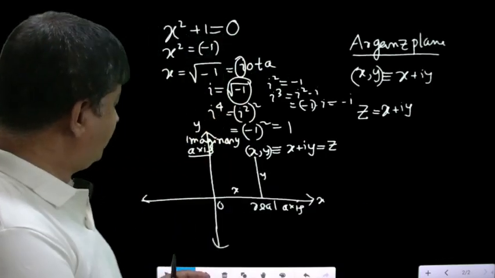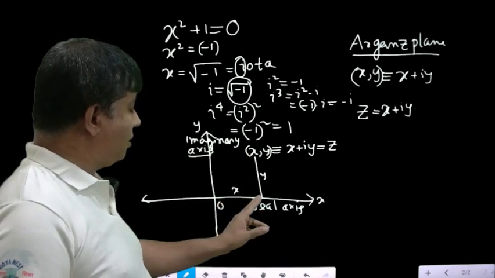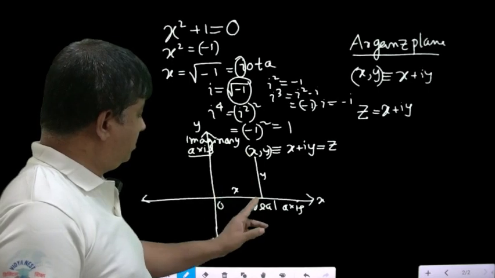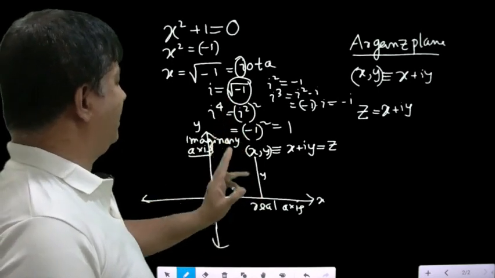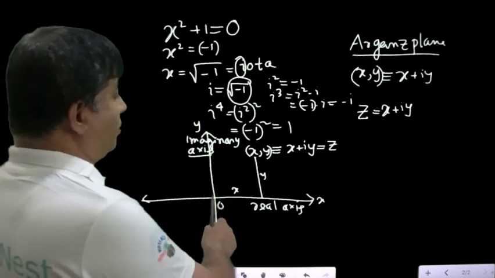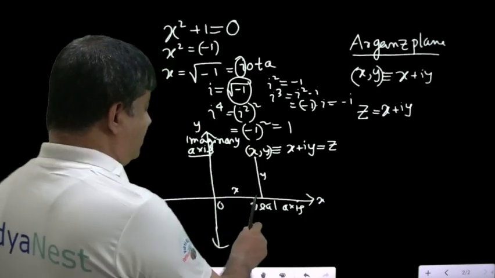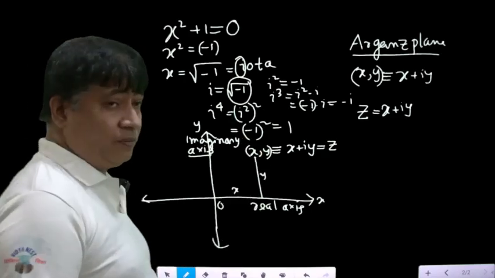So this x comma y has one component horizontal, one component vertical, and in case of coordinate geometry both are real. But in case of complex number, x is real, y is imaginary.